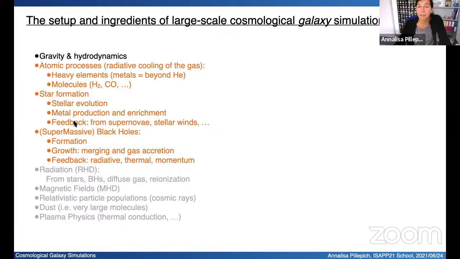You must include feedback from supernovae and from supermassive black holes. If you're very interested exactly in the radiation fields, and there are domains where this is important, you actually need to follow the evolution of photons, and you do radiation hydrodynamics. If you want to follow the evolution of magnetic fields, you do magnetohydrodynamics, etc.